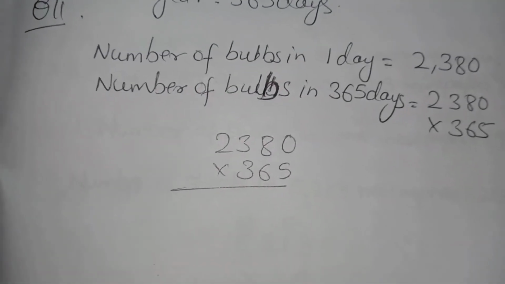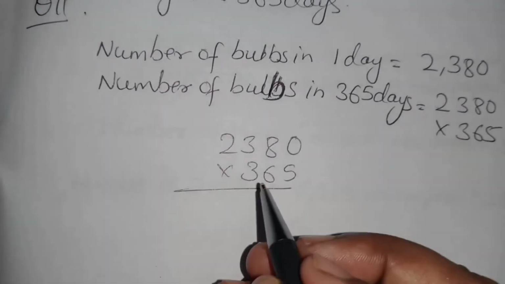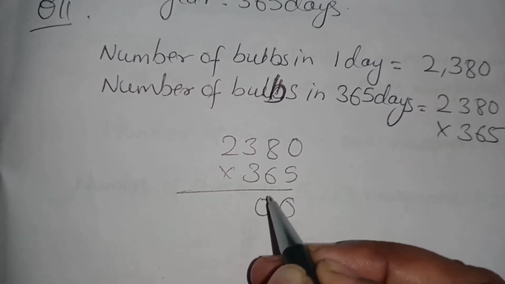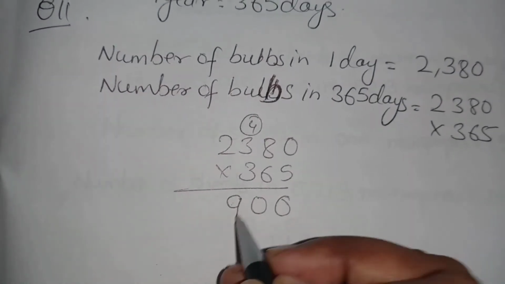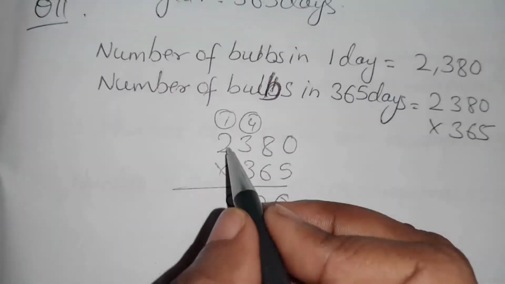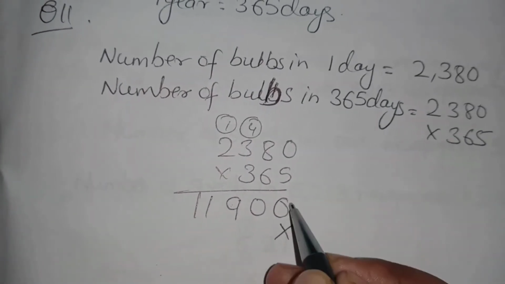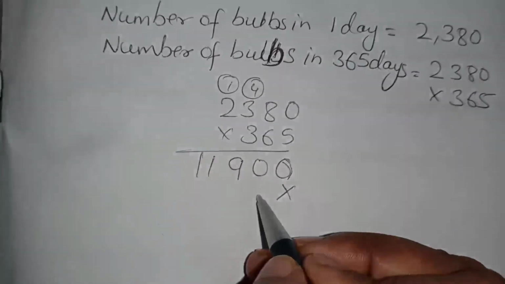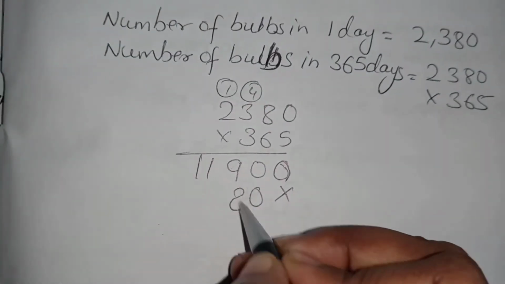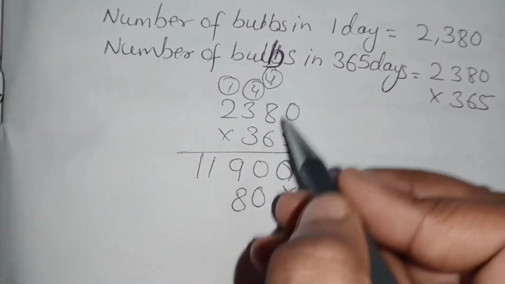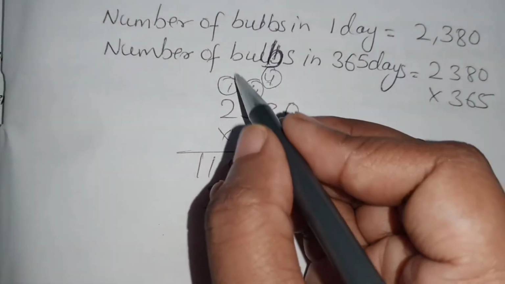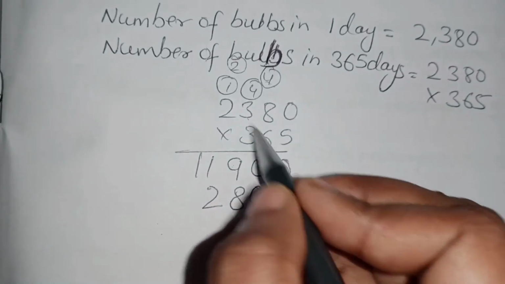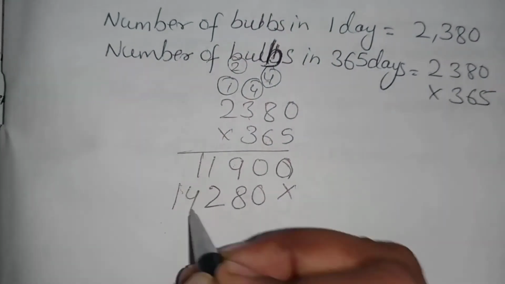5 zeros are 0, 5 8s are 40, 0, 4 carry, 5 3s are 15 plus 4 is 19, 9 here, 1 carry, 5 2s are 10 plus 1 is 11. Put the cross in the ones place. 6 zeros are 0, 6 8s are 48, right here 8, 4 carry. 6 3s are 18, 18 plus 4 is 22, 2 here, 2 carry. 6 2s are 12 plus 2 is 14.